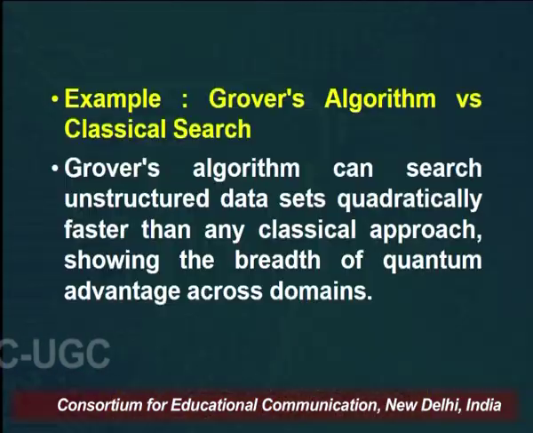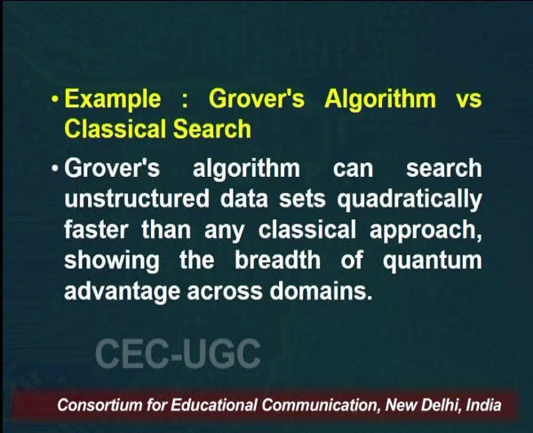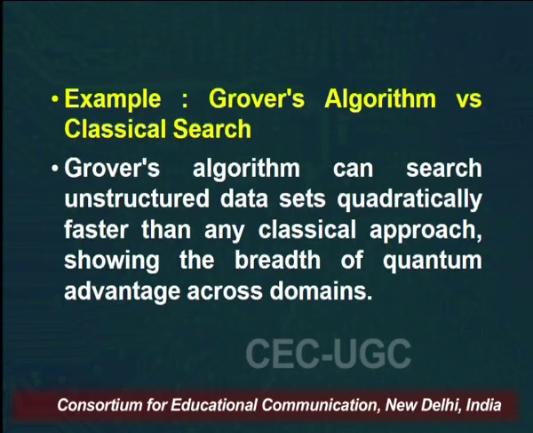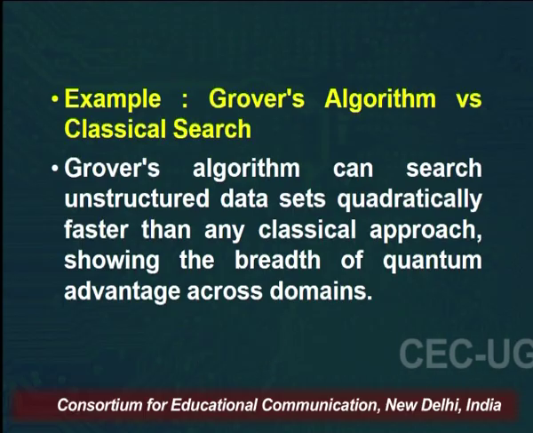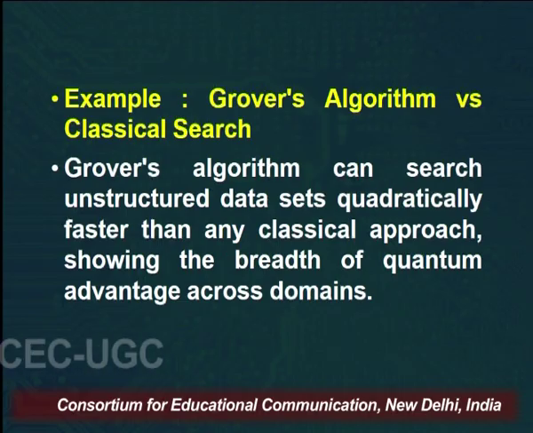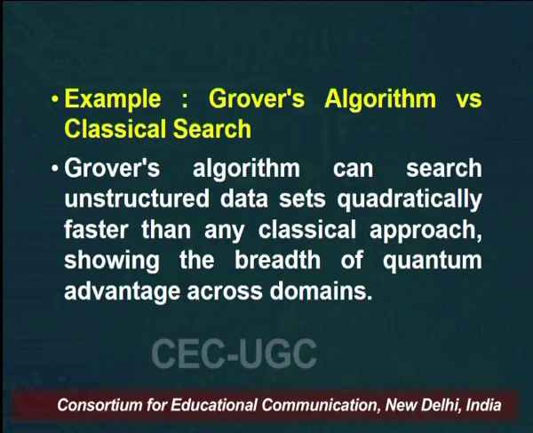The Grover algorithm can search unstructured data sets quantumly, so faster than any classical approach, showing the breadth of the quantum advantage across the domain. It just gives a faster and speedier result as compared to the classical.